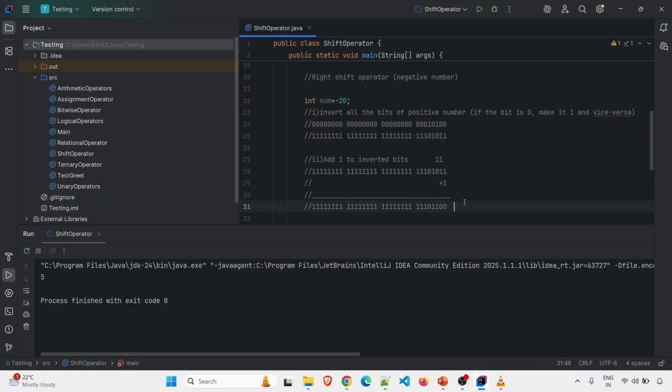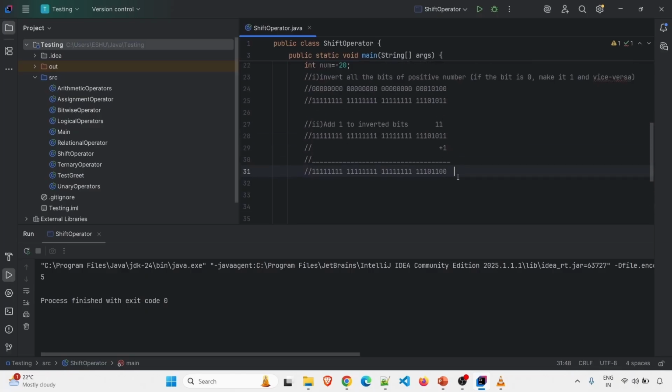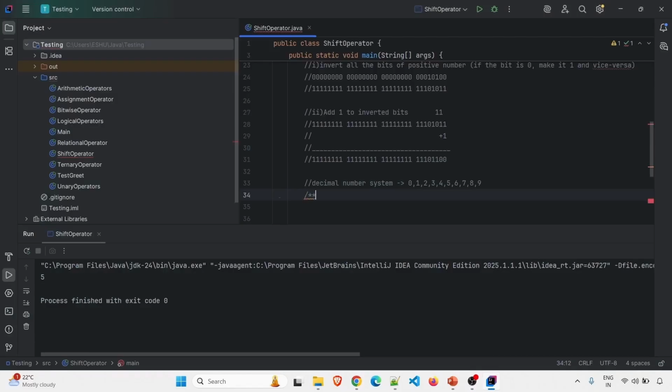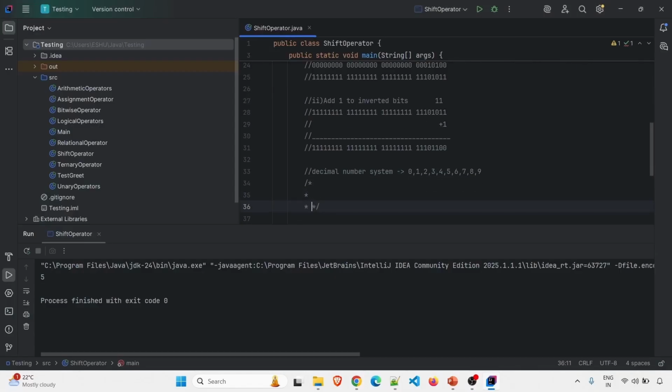Now you must have a question: how is 1 plus 1 equal to 10 in binary? Similar to the decimal number system, let's consider the decimal number system. In the decimal number system, we have the digits 0, 1, 2, 3, 4, 5, 6, 7, 8, 9. These 10 digits are present in the decimal number system. If I want to add 9 plus 1 in the decimal number system, how will I do it?